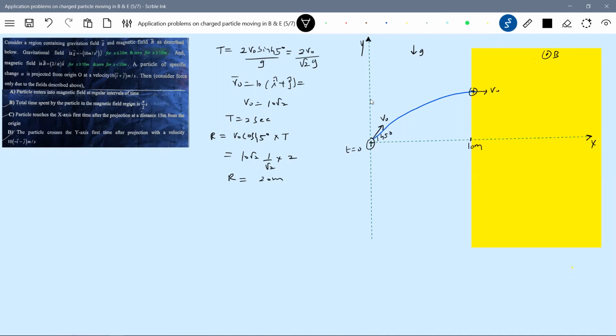This is v naught. Okay, now in what direction will the magnetic field act here? Magnetic field out of the plane, so the magnetic force will act downward. So there's a parabolic path, and the magnetic force will act downward. So it should deviate.